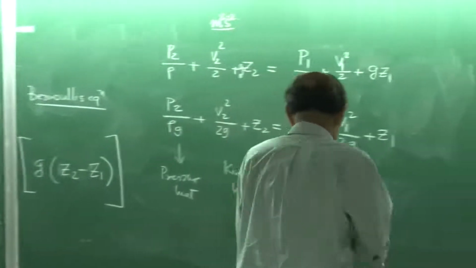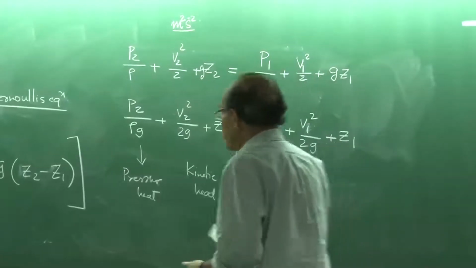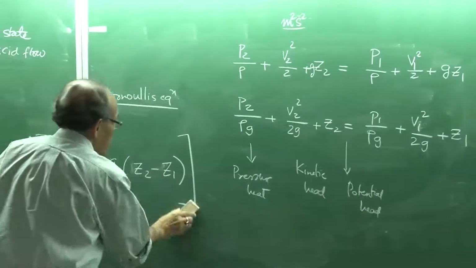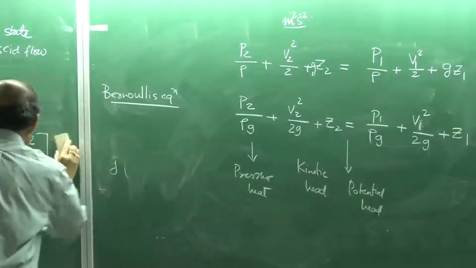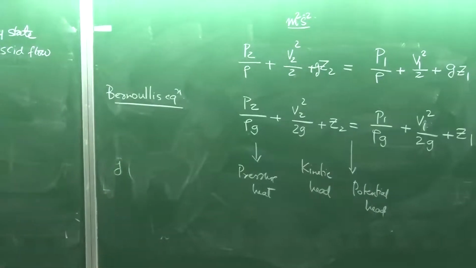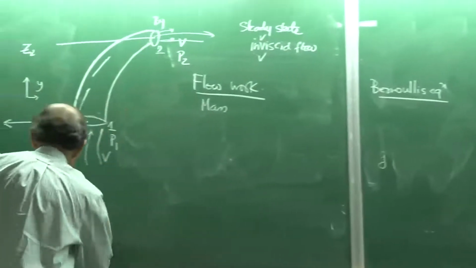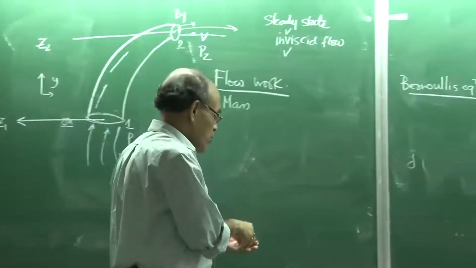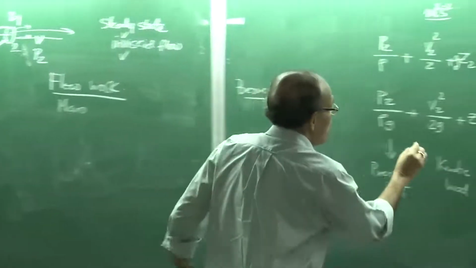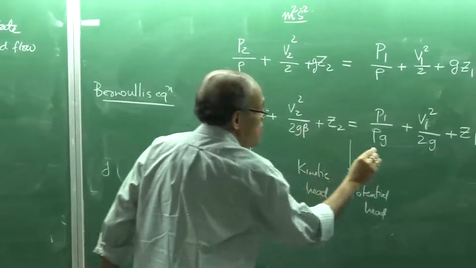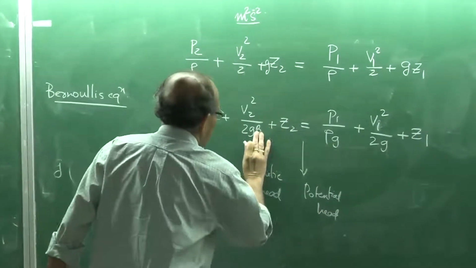Now, this equation, basically it is found that if we want to use it for laminar flow, then there is a constant which needs to be put into the kinetic energy term, and we will put it here.